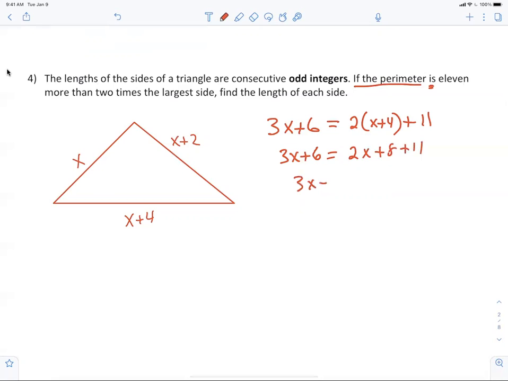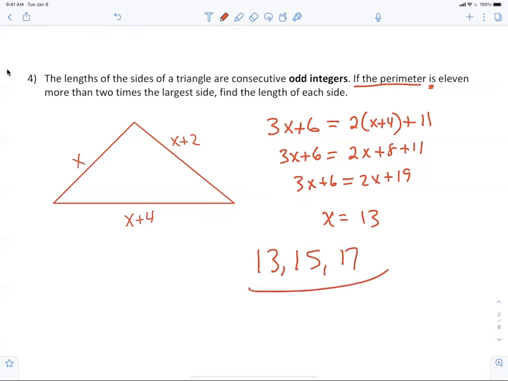Yes. And then 3x plus 6 equals 2x plus 19. Well, we can just move things around because we're getting good. So we say x equals what? 13. Everybody good with that? So then the length of the sides would be what? 13, 15, and 17. Yay, good job.